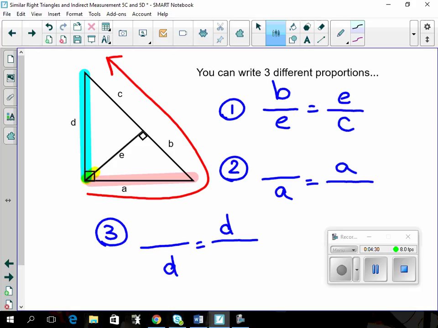It's going to be the part of the hypotenuse that it touches, which in this case is just B. And then the other thing is the whole hypotenuse, which is just B plus C. We just add them together. So make sure you're writing down all of these cases. Again, when we put numbers to it, it might make a little more sense. This is just the generic formula, the generic case. All right? Okay.